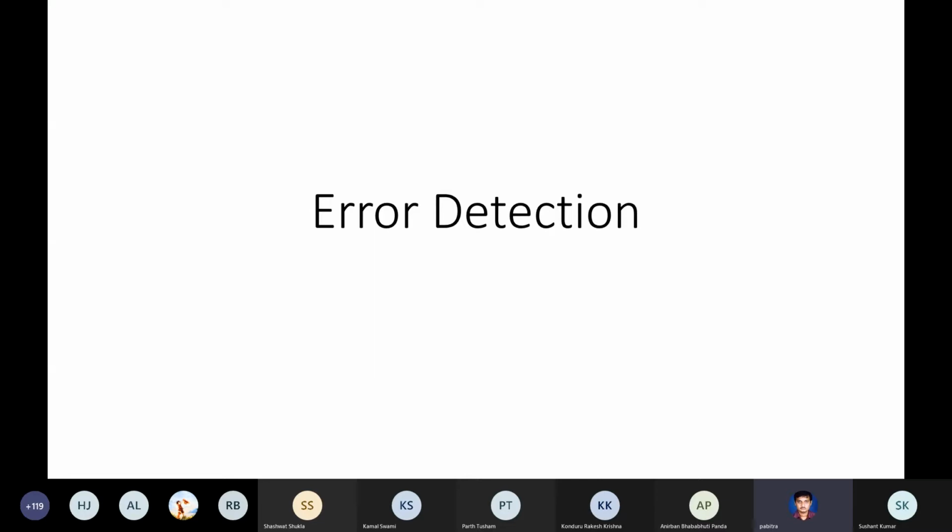In error correction, first we detect whether there is an error or not. Then we also find out in which bit position there is an error, not just that the overall string has an error. And if we know in which particular bit position there is an error, we just flip that bit, because error means 0 can become 1 or 1 can become 0. We can just flip that bit and correct the error. So that is known as error correction.